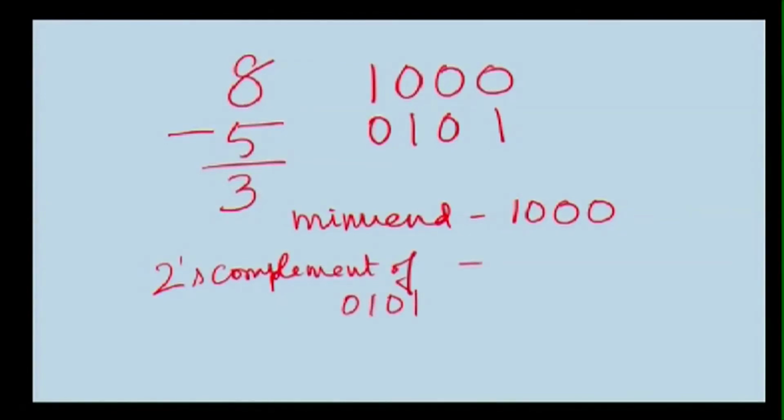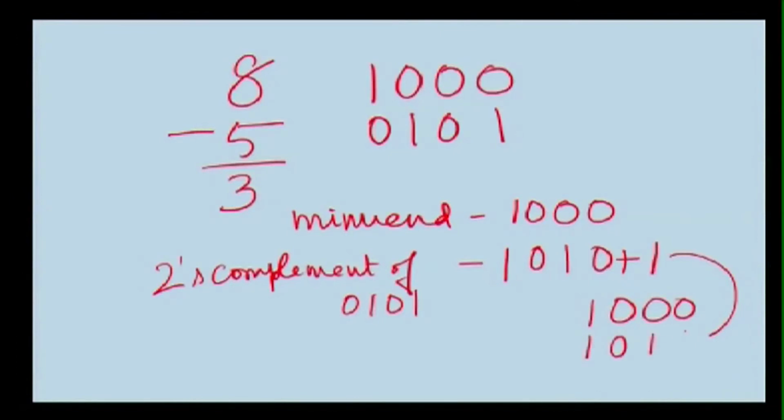What is the 2's complement? We get 0 1 0, a 0 here and a 1 here, but we have to add one more to this. So, you see here I will get 1 0 0 0, which is the minuend, but the 2's complement will become 1 0 1 1. So, this is the 2's complement of this number that I have taken.